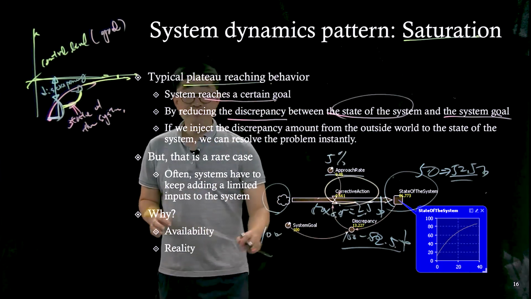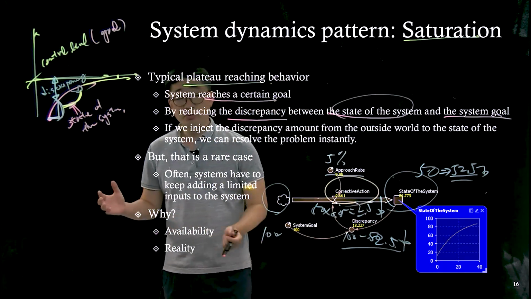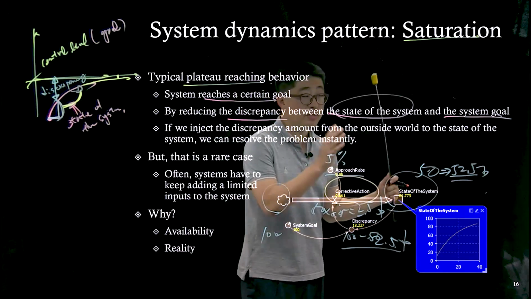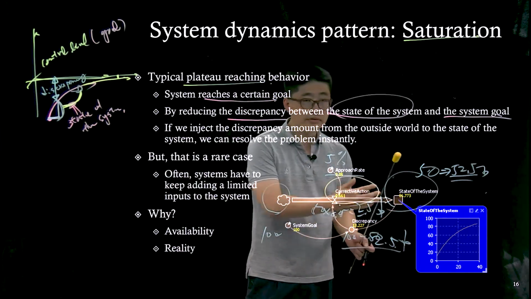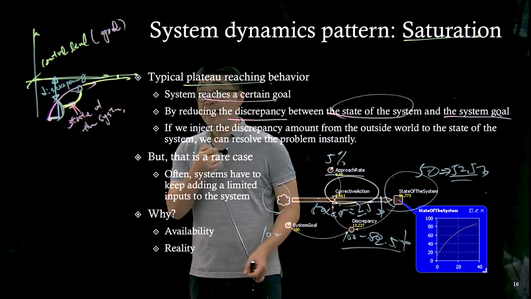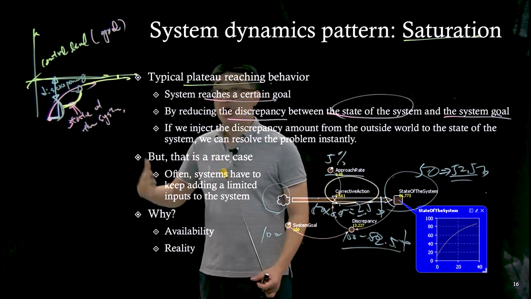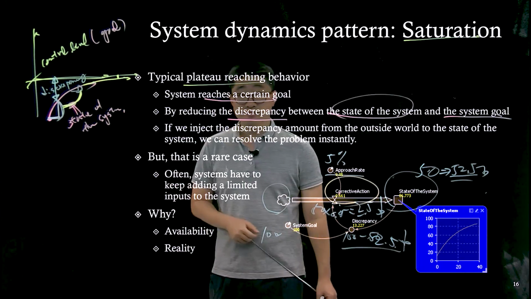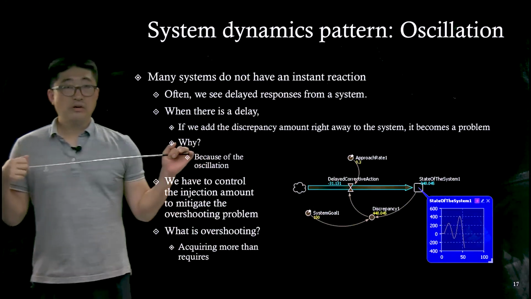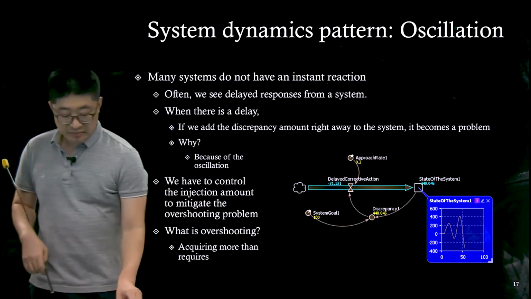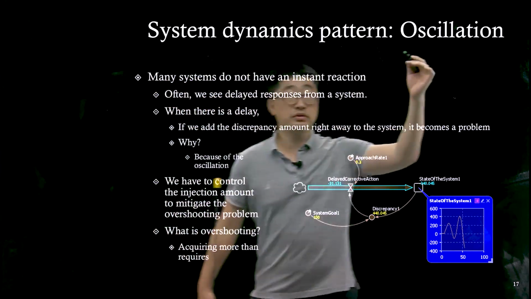But that is not realistic. In the real world, from the outside source to within our system stock, it takes time to flow. So if we add that delay, how will the system turn out? That's our next question. Right, this is our final design pattern for system dynamics, which is called oscillation.